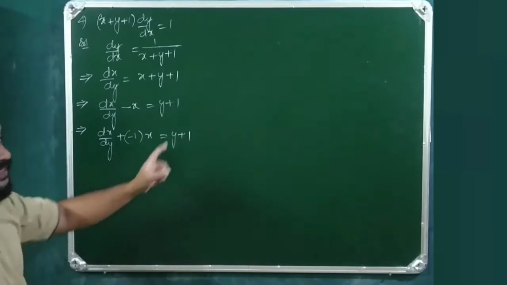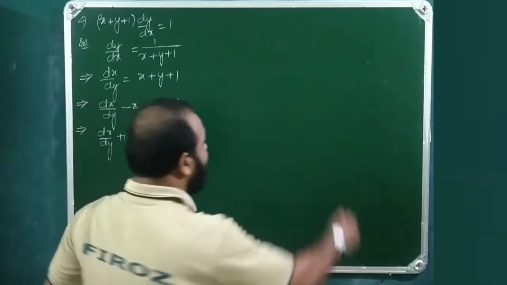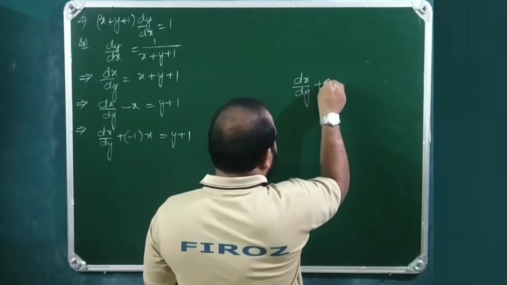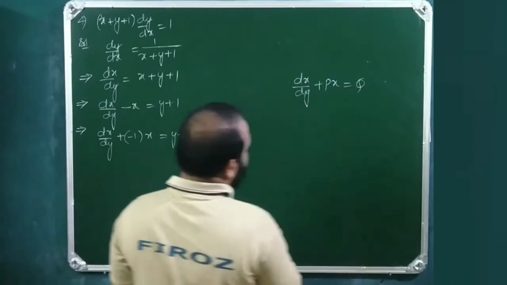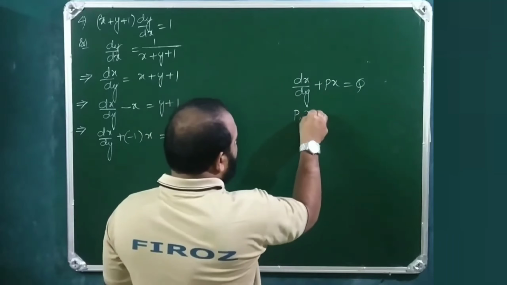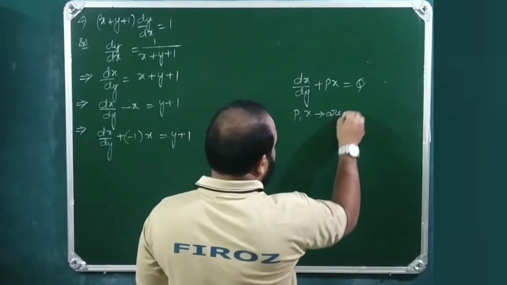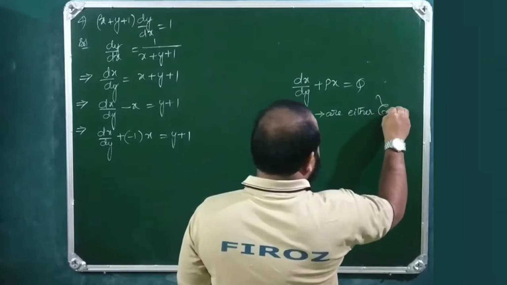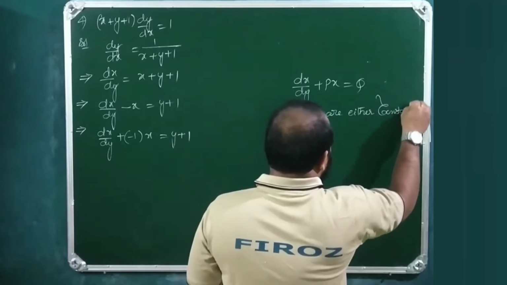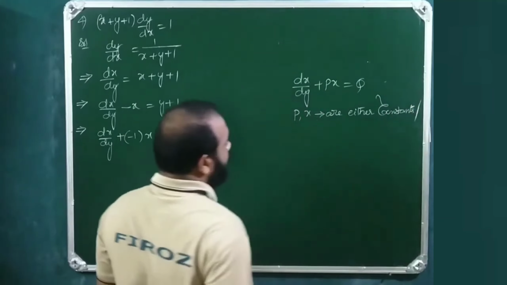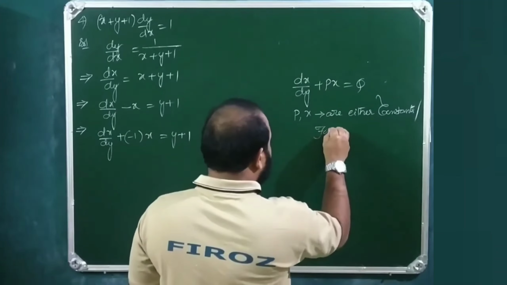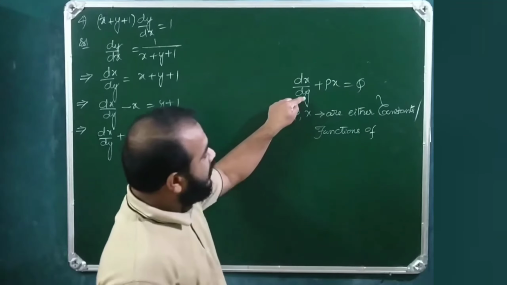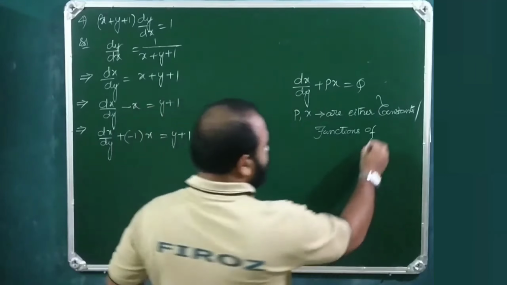So this is of which form? The second form. What is the second form? dx by dy plus px equals q, where p comma q are either constants or functions of the independent variable y.